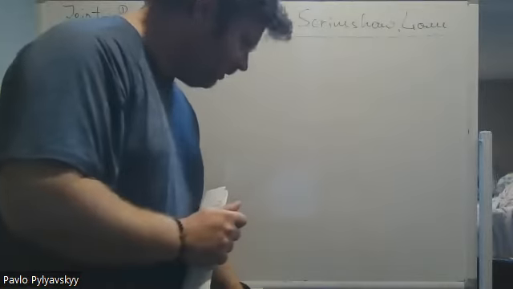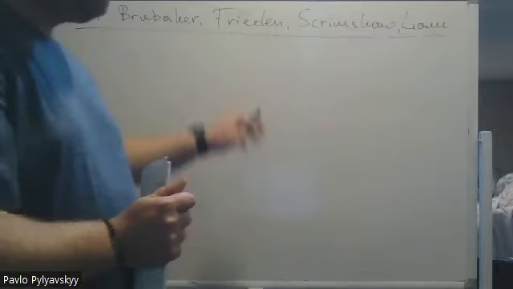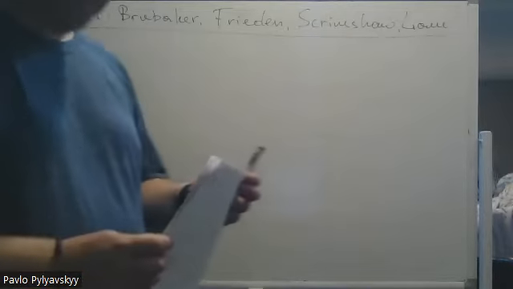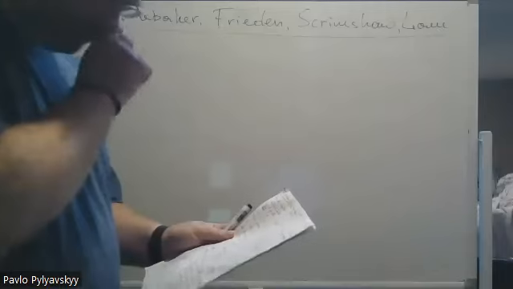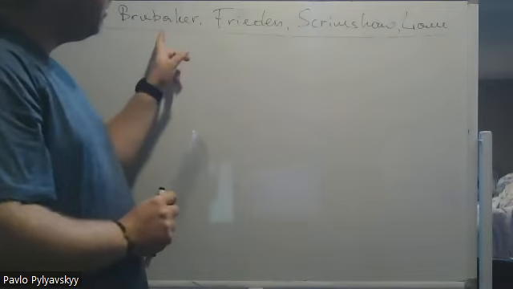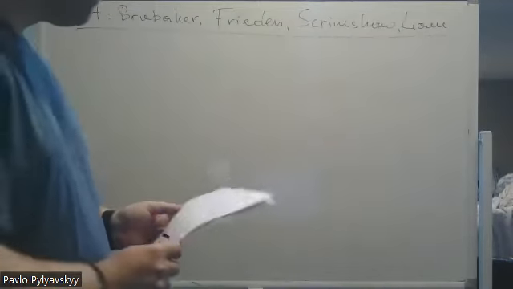If at any point something's unclear, I hope I write large enough so you can read the board, but tell me if I don't do it right. This is based on joint work with Ben Brubaker, Gabe Frieden, Travis Scrimshaw, and Thomas Lamb.